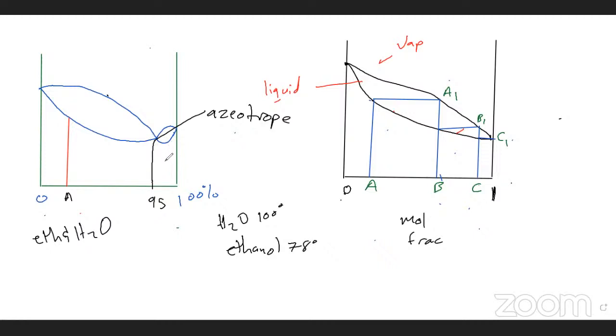If you want to get 100% of it, you will have to start with a mixture that has passed the azeotropic point. Is that clear? So if they give you a graph that is an azeotrope and ask you how you can get 100%, you have to start with a mixture above the azeotropic point. Is that clear?